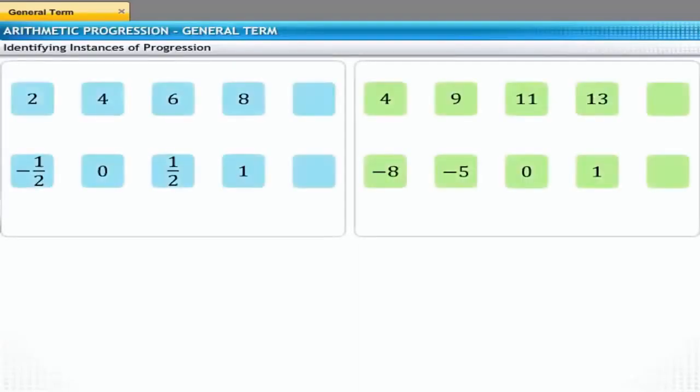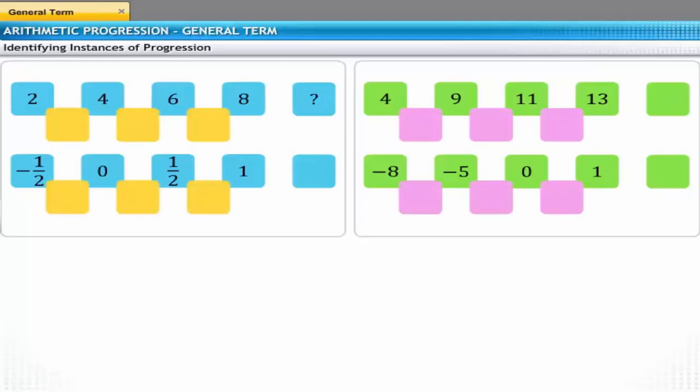To understand progression, take a look at some sequences. For example, consider the sequence 2, 4, 6, 8, and so on. You need to predict the fifth term in this sequence. If you analyze this sequence, you will find a constant between every two successive terms.